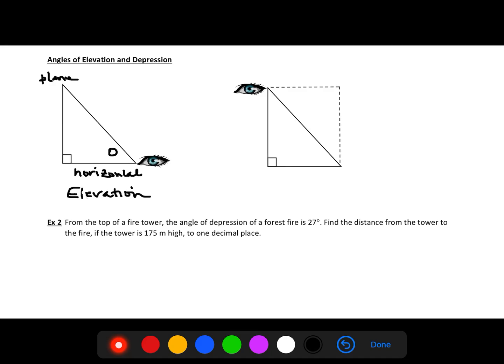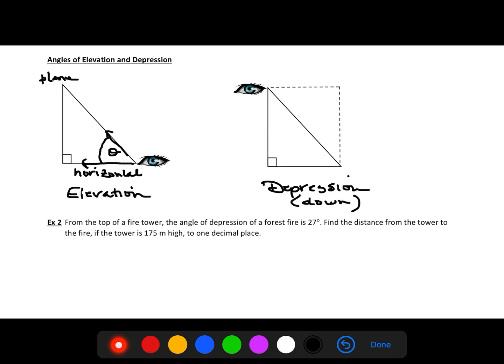So we could be looking at a plane, we could be looking at a cliff, anything that we're looking up, and our angle of elevation would be from the horizontal up to whatever we're looking at.